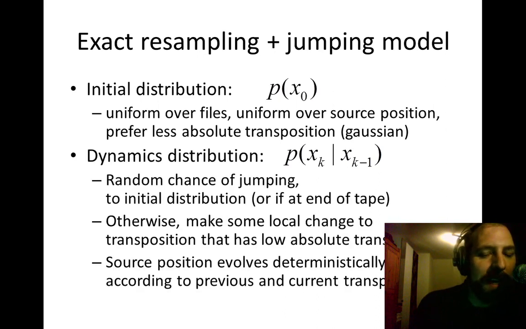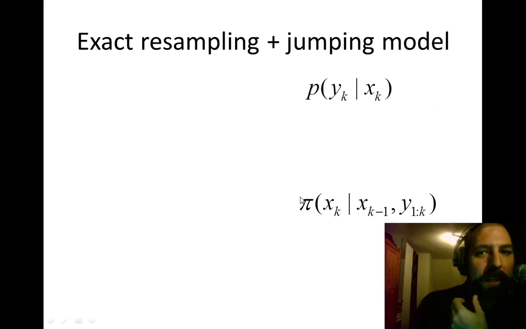And for the dynamics distribution, we always have a random chance of jumping from the current state to some other position on the tape, and also to some other transposition. Otherwise, we make some local change to the transposition, and then the source position evolves deterministically according to the previous and current transposition, so it's exact resampling.